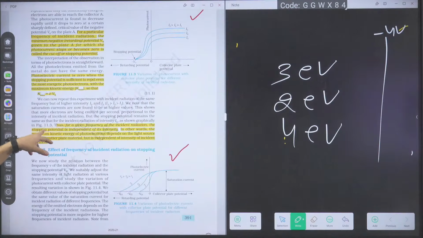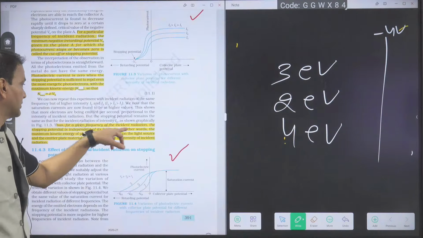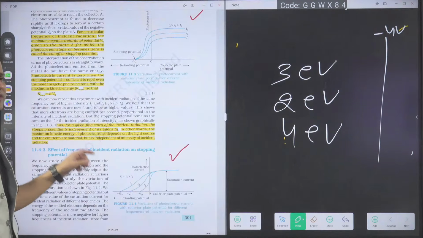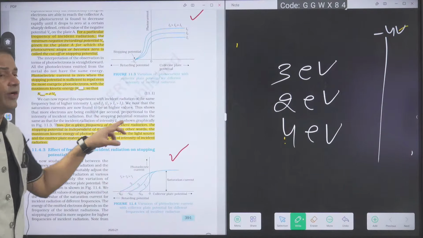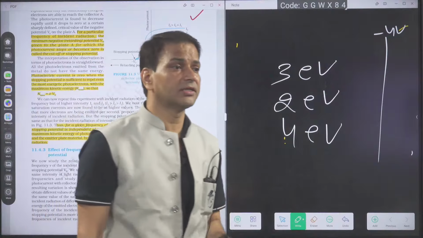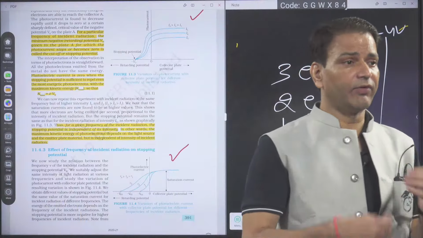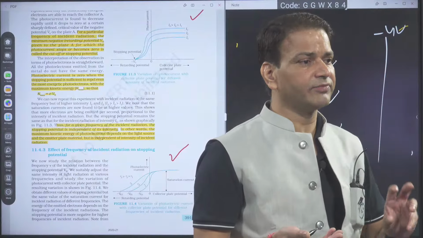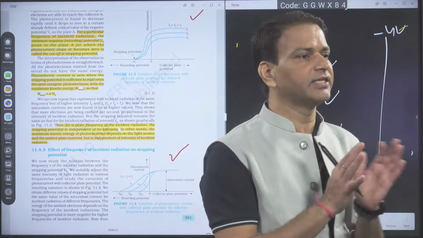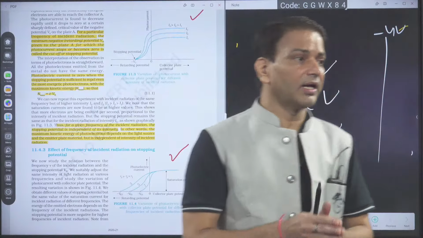Now one thing here: it is given that for a given frequency of incident radiation, given frequency means the energy of the photon is constant, the stopping potential is independent of intensity. When we change the intensity, we are changing the number only. We are not changing the energy of the photon.